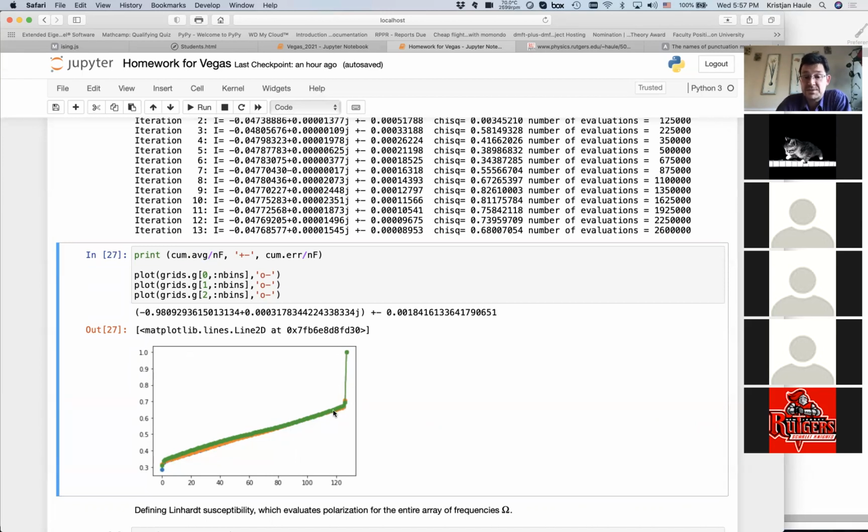So this huge rise is because we take a large cutoff. We could take a way bigger cutoff if we wanted to, and sooner or later Vegas algorithm will eliminate all the points, or will basically optimize our grid in such a way that all the points which fall outside the volume where the function is finite will be cut off by the self-adjusting grid.